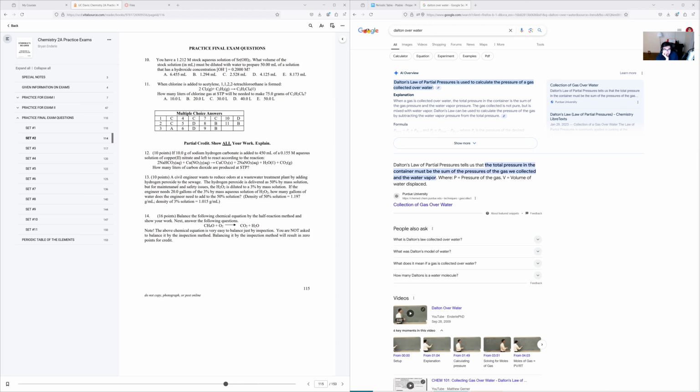Oh, it's 50% by mass. So adding water is not the same. Does it? I feel like you could finagle it, but maybe that only works for percent by volume.